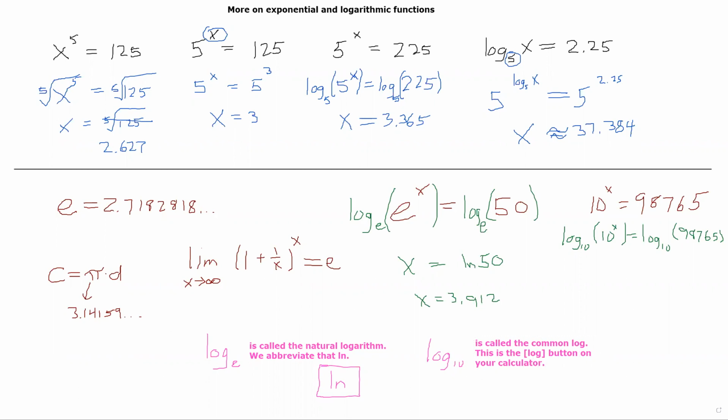So when you see that LOG on the front, that's what we're going to use right here. So the left side, log base 10 of 10 to the x, reduces to just x. And over here, we're just going to write log with nothing under it, because this is now common log of 98765. So we'll go to our calculator and we'll ask, what is common log of 98765? And predictably enough, it is in fact super close to 5. It is 4.995. So we are 5/1000ths away.